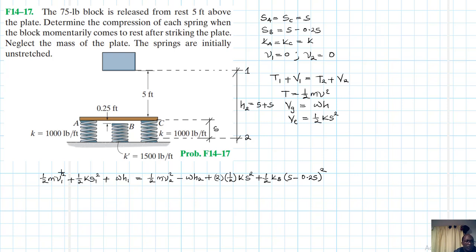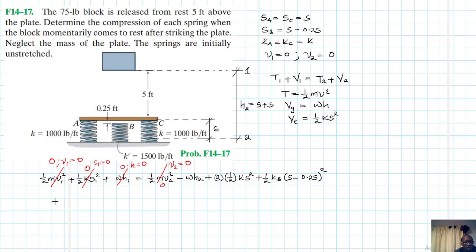Alright, so this is 0 because v1 is equal to 0. This is 0. For s1 there is nothing. This is 0 because h1 is equal to 0. This is 0 because v2 is equal to 0.